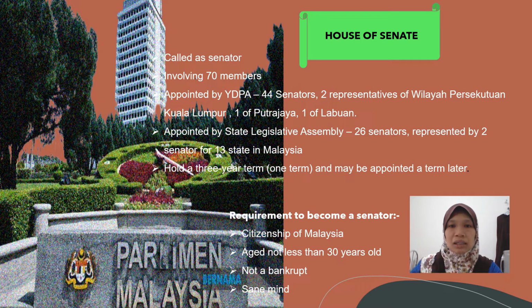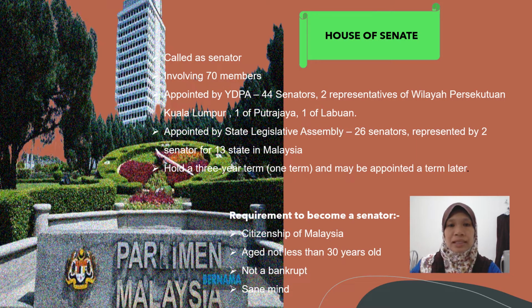Senators are chosen from people who have provided the best public service or have achieved distinction in industry, trade, profession, cultural activities, agriculture, or social services, or who represent minorities or the interests of the orang asli.